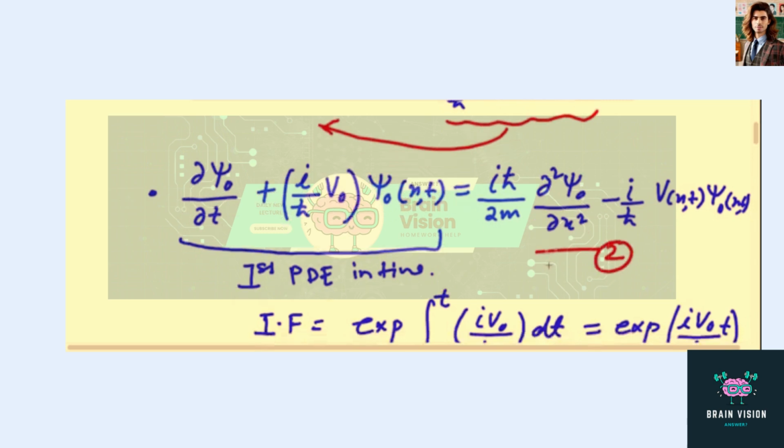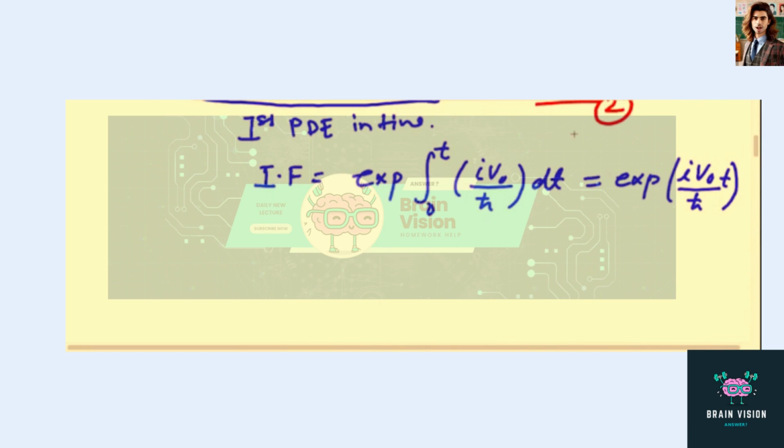Now multiply equation 2 by the integrating factor on both sides.